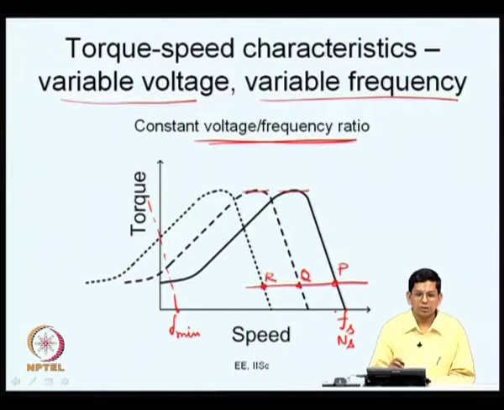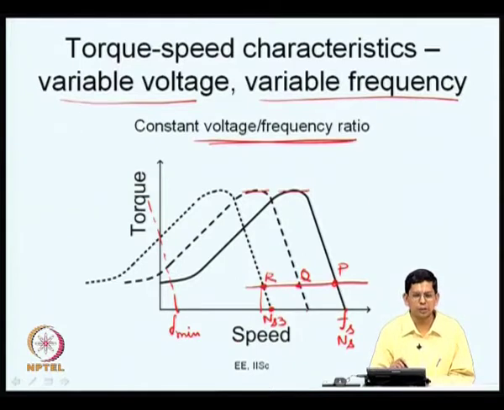Of course, this is an open loop drive, and you can have several closed loop drives. With constant V/F you can also have slip regulation, so you can compensate for slip. See, for example, in this case, this is your synchronous speed, let me call this NS3, whereas the actual speed is here, so there is a difference between them. The frequency that you apply to the machine is proportional to NS3, but should also have a small variation.